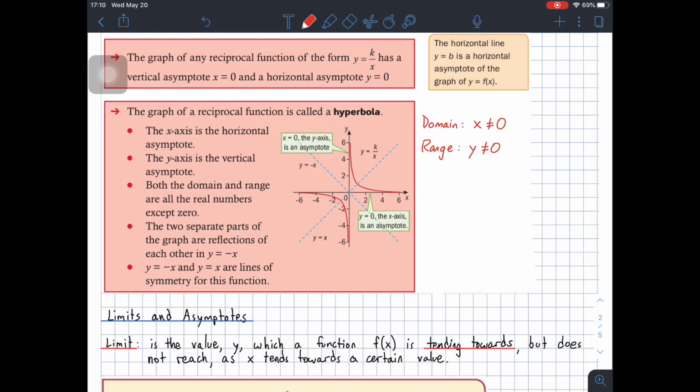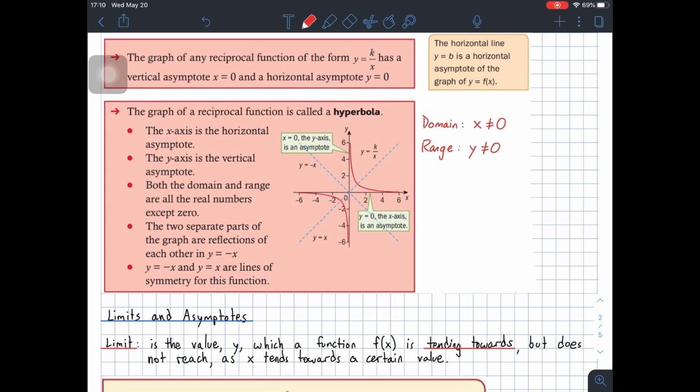So properties. The x-axis is the horizontal asymptote, as you can see here. Then the y-axis is the vertical asymptote, as you can see here. Both domain and range are all real numbers except 0, right? For the domain, remember the domain are x values. This function can take all of the values of x except x equals 0 because there is a vertical asymptote for that value, right?